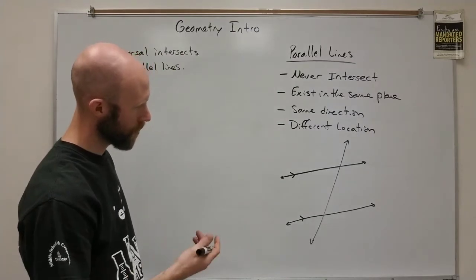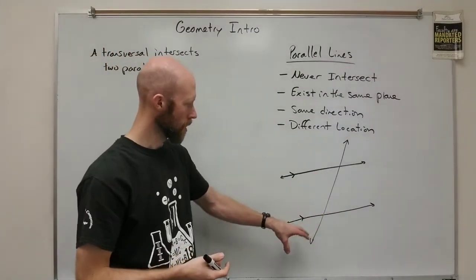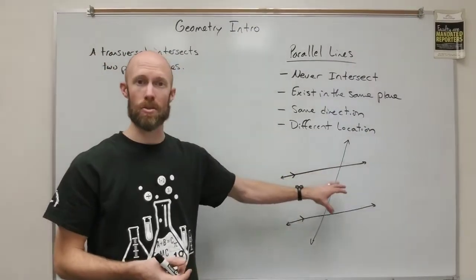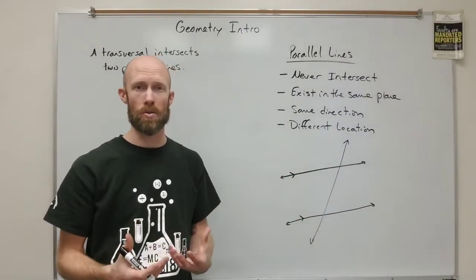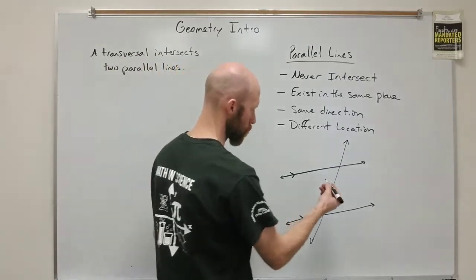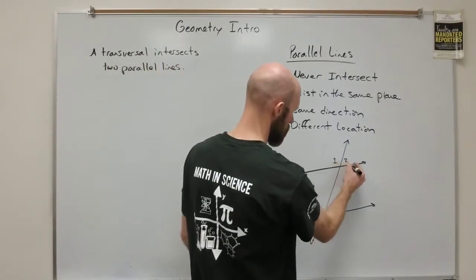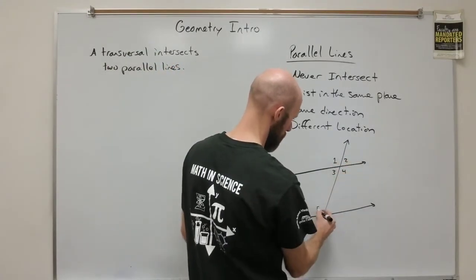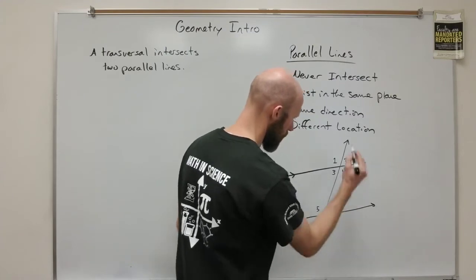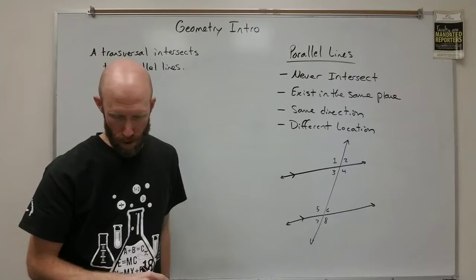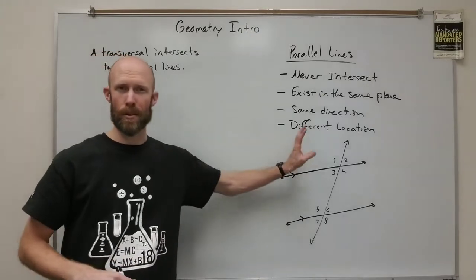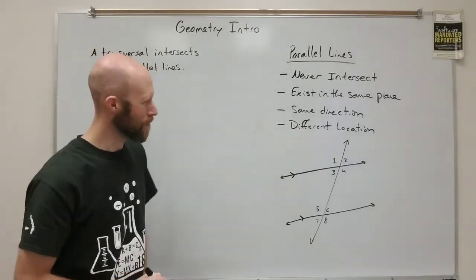Now, what's neat about that is that it forms 8 different angles, and we can get some cool relationships, really useful ones, between those angles. So if I were to label these angle 1, 2, 3, 4, 5, 6, 7, and 8, and your book might even label them differently, but I'm just labeling them that way.